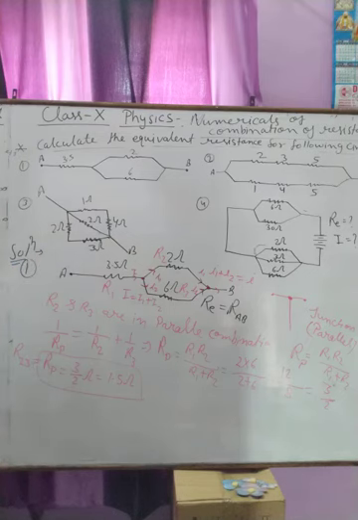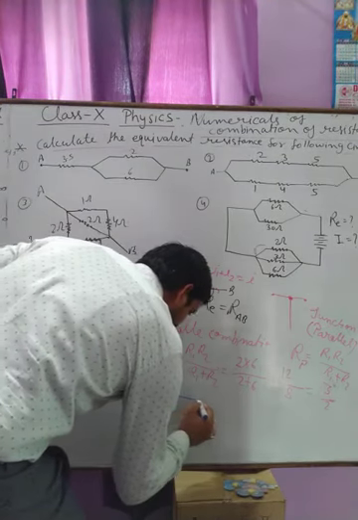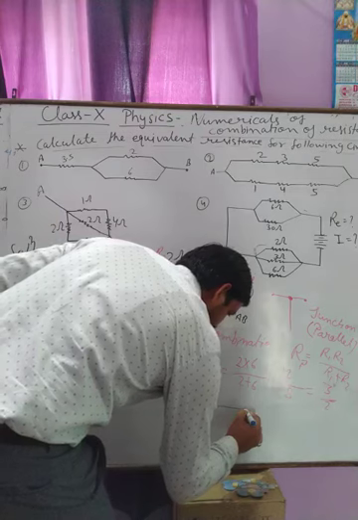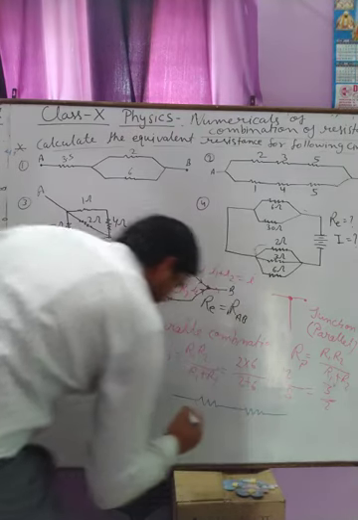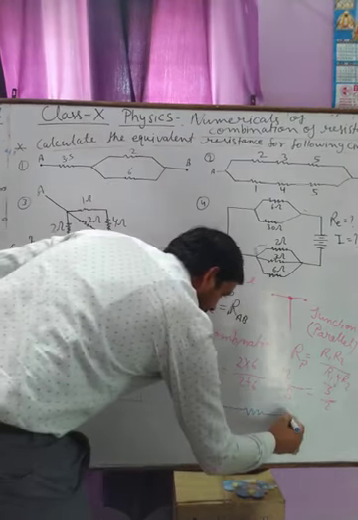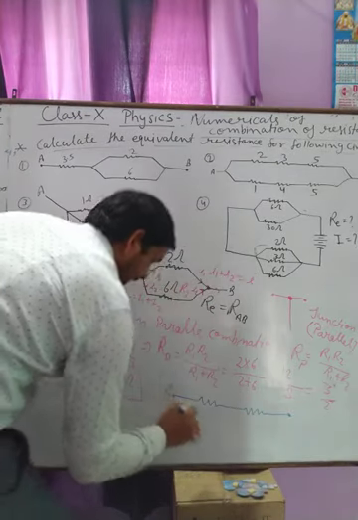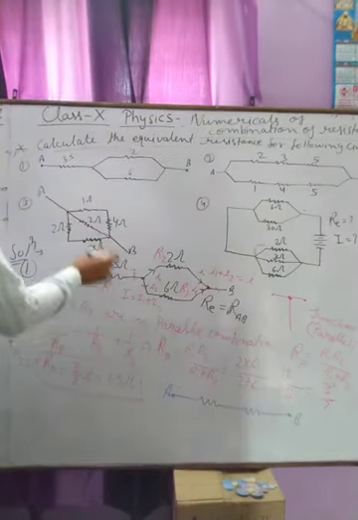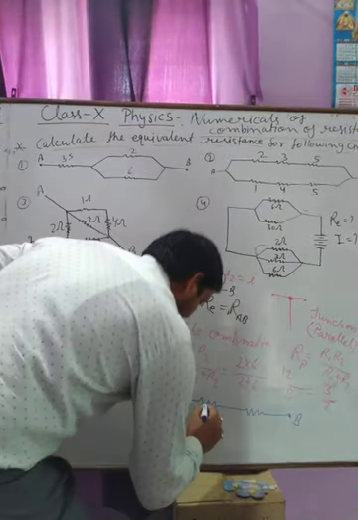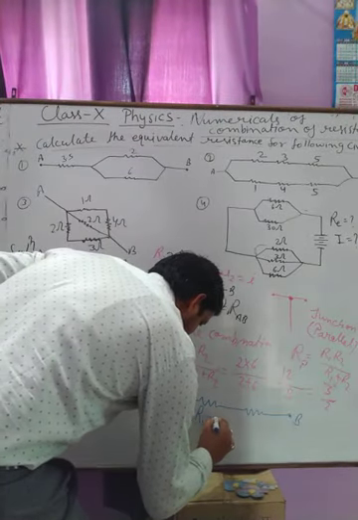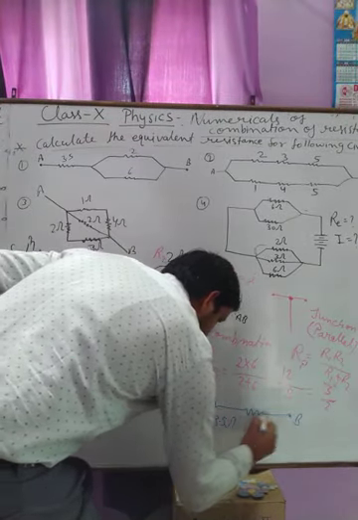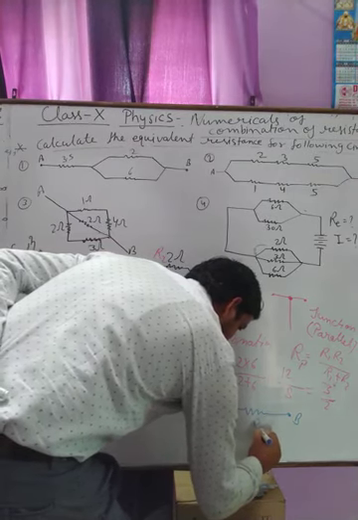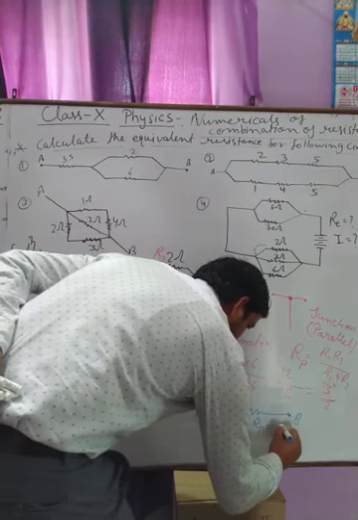Now, for easy calculation, we reduce the circuit. Now the circuit is reduced to only two resistors from point A to B. So this is R1 which is given to you as 3.5 ohm, and this is Rp that is 1.5.